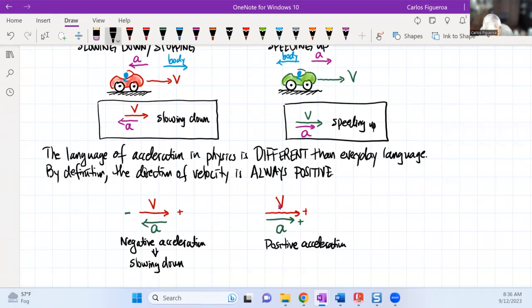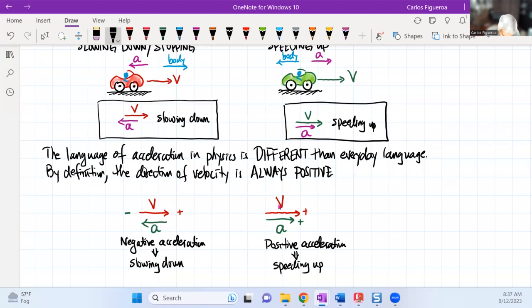And you're going to see that when we start to look at this thing mathematically, it makes more sense. So as a consequence, this means speeding up. In both situations, we say acceleration. Even if we're slowing down, we say that the car is accelerating.